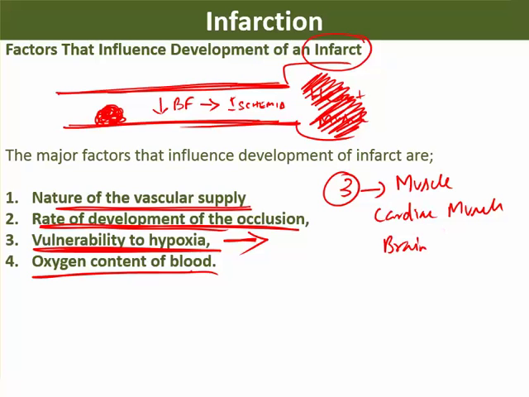If you stop blood supply to the skeletal muscle, it will not die immediately. It will take 4 hours. If you stop blood supply to the cardiac muscle, it will die after approximately 40 minutes.